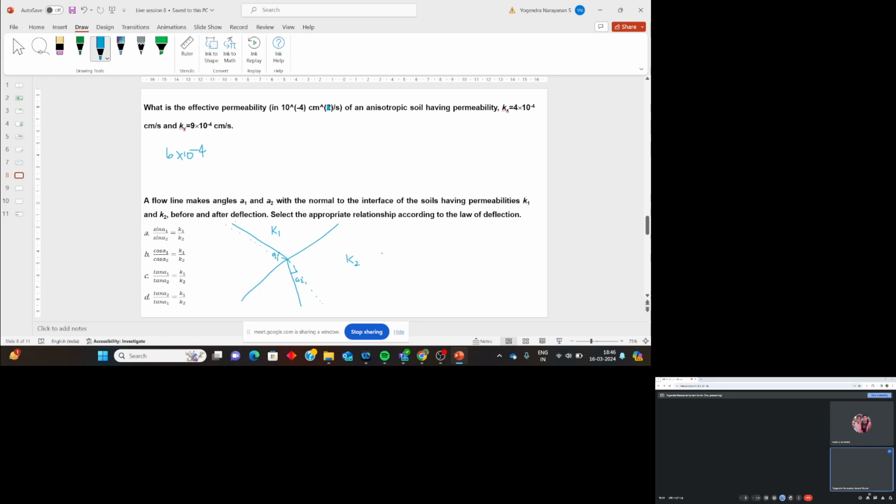It is similar to Snell's law in optics. So K1 by K2 will be equal to tan A1 by tan A2. You can go through the derivation in the lecture. So the option here will be this one.